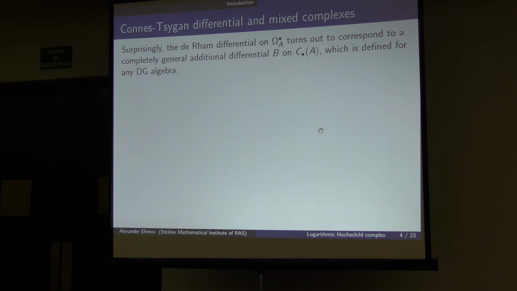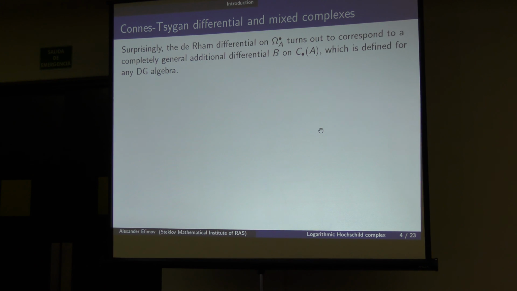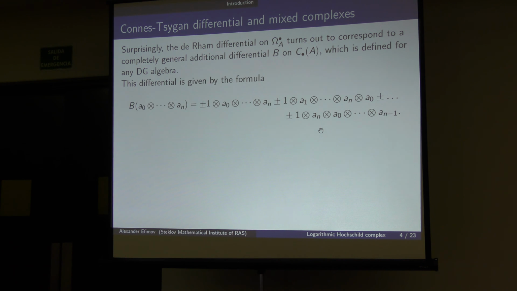The surprising discovery made by Connes and Tsygan independently is that the de Rham differential on these classical differential forms on an affine variety corresponds to a completely general additional differential on the Hochschild complex, and for this reduced Hochschild complex, it's given as follows.